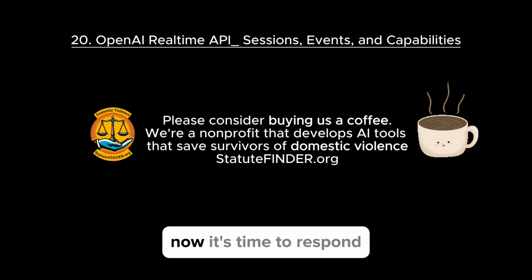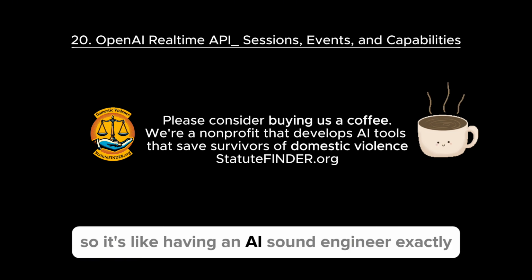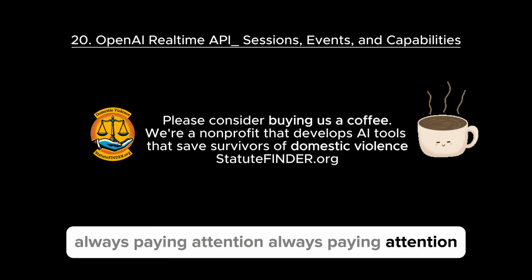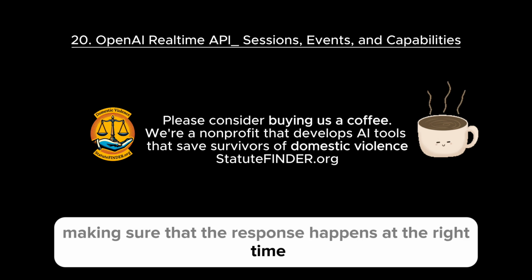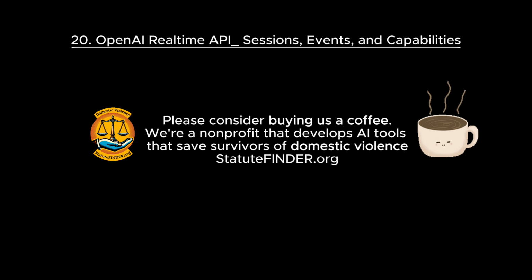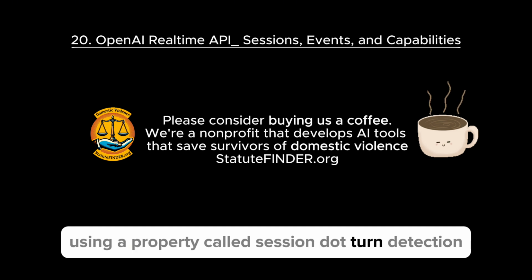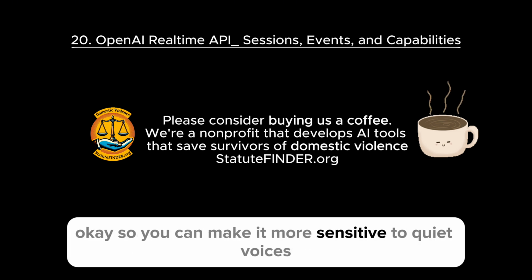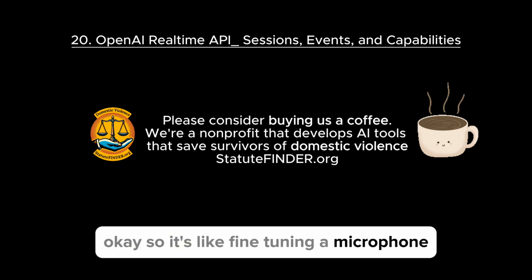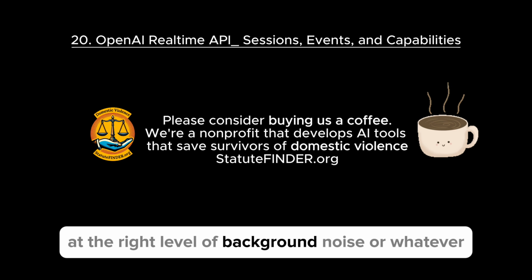So it knows, okay, now it's time to respond. So it's like having an AI sound engineer who's always paying attention, making sure that the response happens at the right time. Right. And you can even adjust the sensitivity of the VAD using a property called session.turn-detection. So you can make it more sensitive to quiet voices, or less sensitive so it only picks up louder speech. Okay, so it's like fine-tuning a microphone. Exactly. Like setting the right level for background noise.